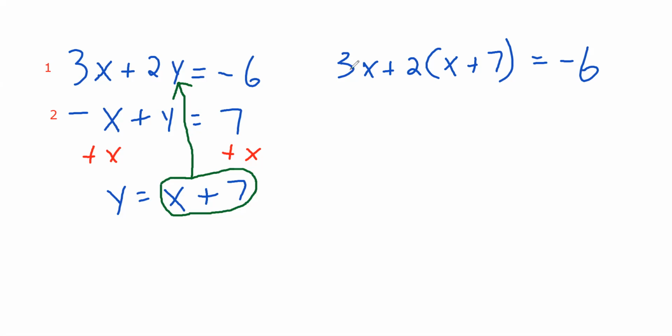X is my only variable going on here. So let's just solve this equation now for x. I would try distributing out the 2. So I'd have 3x plus 2x plus 14 equals -6.